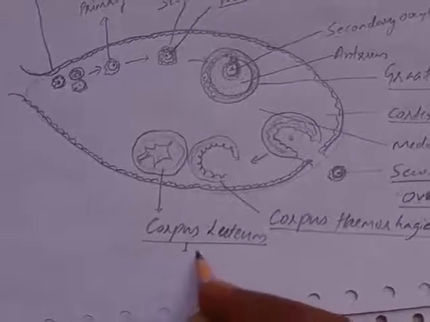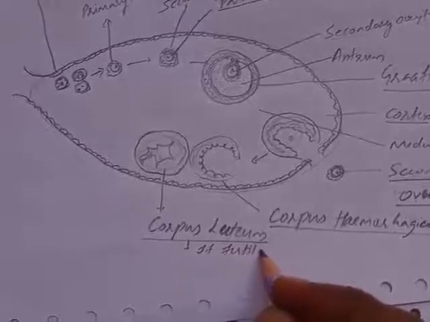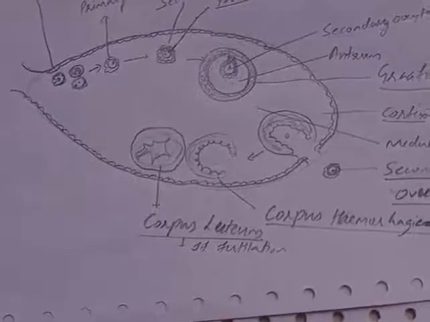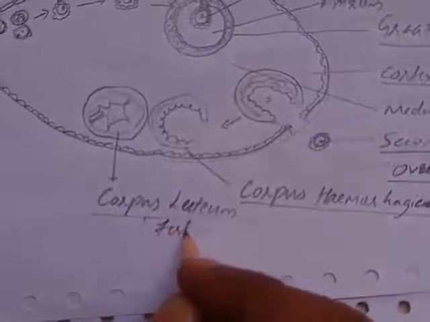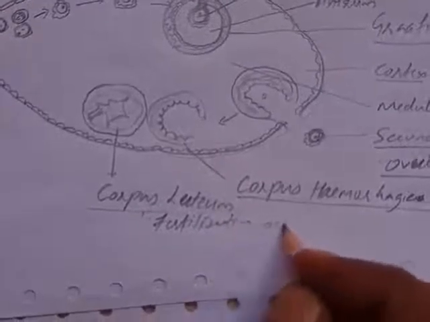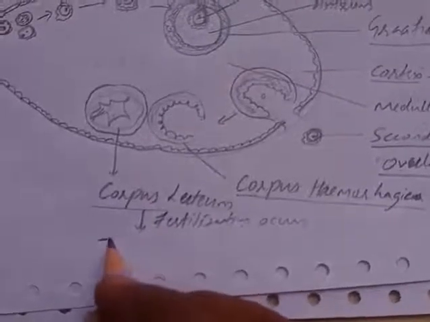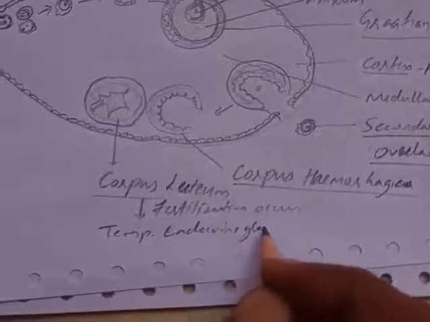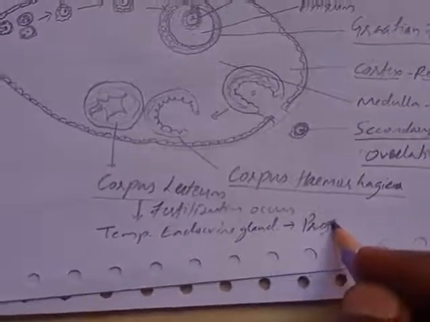If fertilization occurs, it works like a temporary endocrine gland and releases the hormone called progesterone.